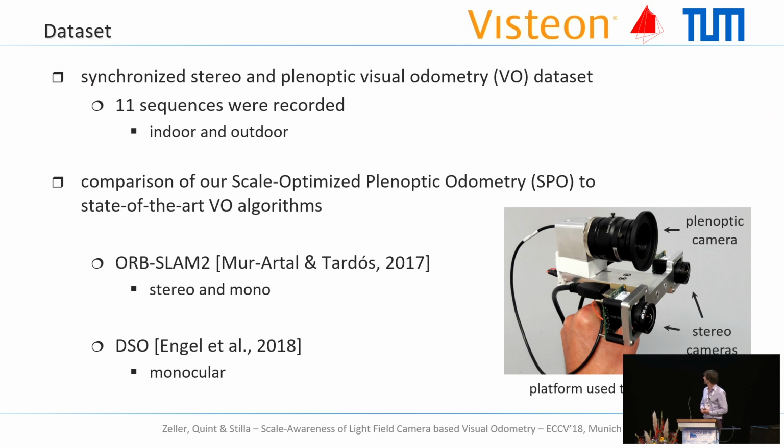So what we decided to do is use this platform, which you can see here on the right, and record synchronized sequences for the plenoptic camera as well as the stereo camera system. In that way we were able to compare our algorithm to existing stereo approaches as well as monocular approaches. Here we basically compared it to state-of-the-art approaches for stereo cameras as well as monocular cameras.